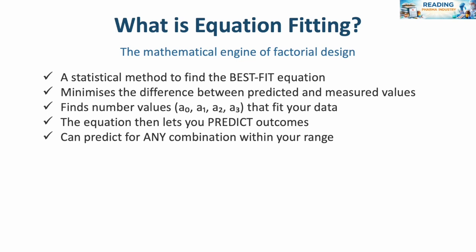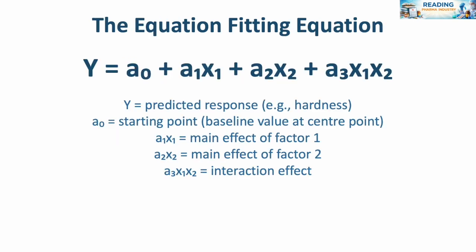So you can ask what would happen at this combination. This equation gives you an estimate based on the patterns in your data. So this is the beauty of regression: finding patterns in data and using them to make predictions.